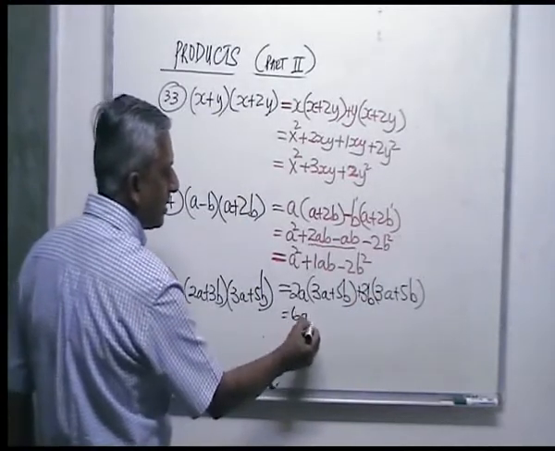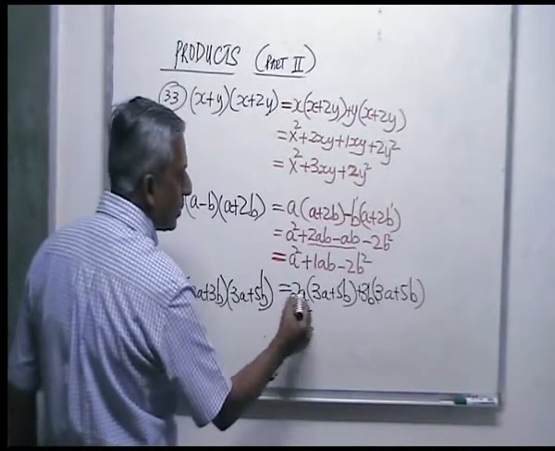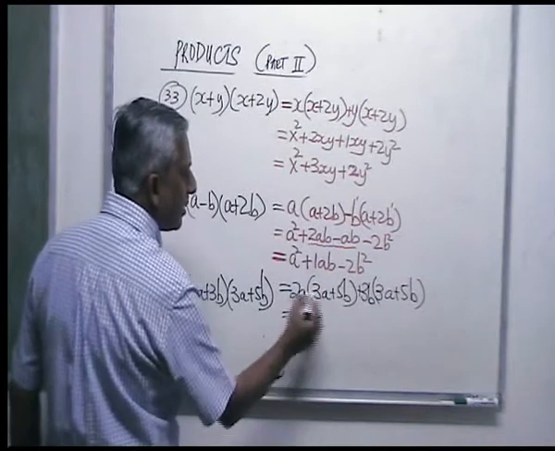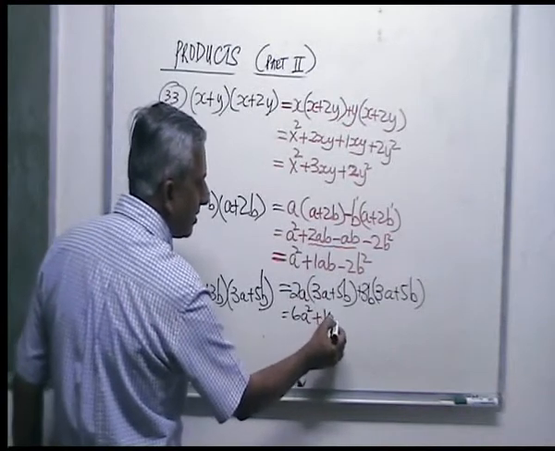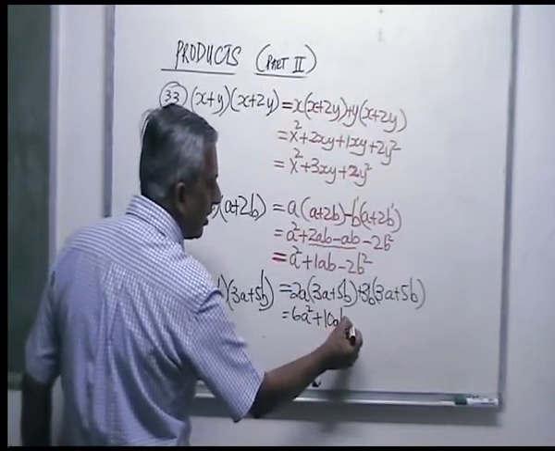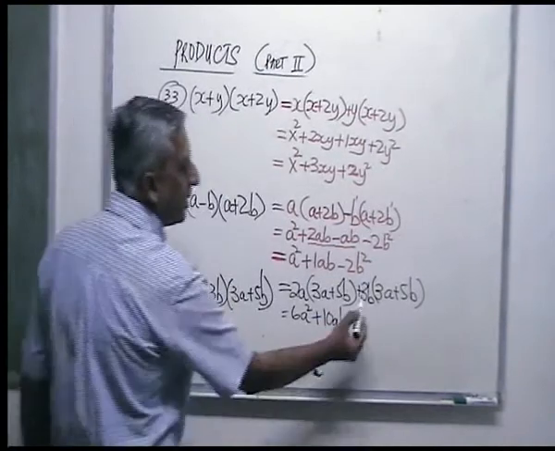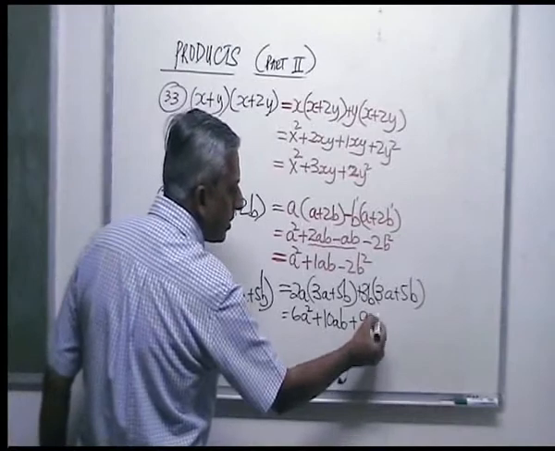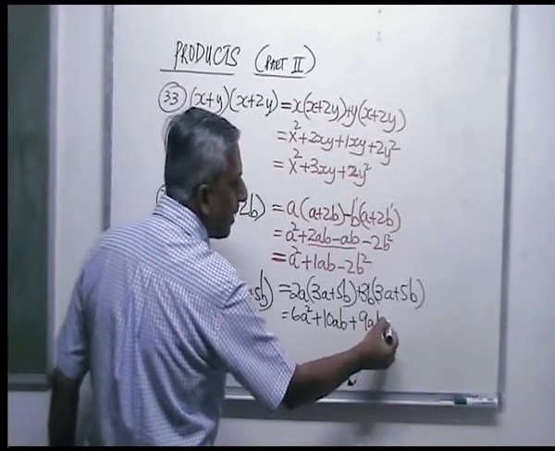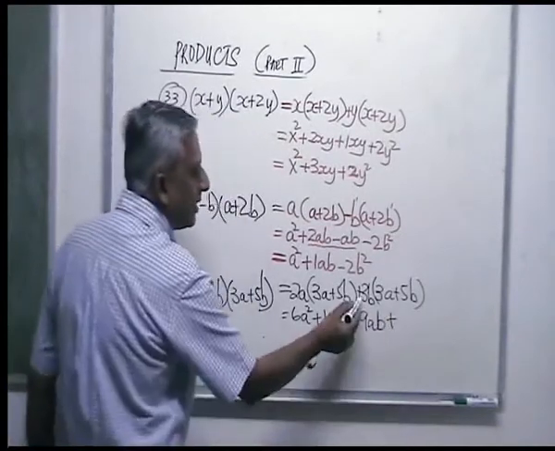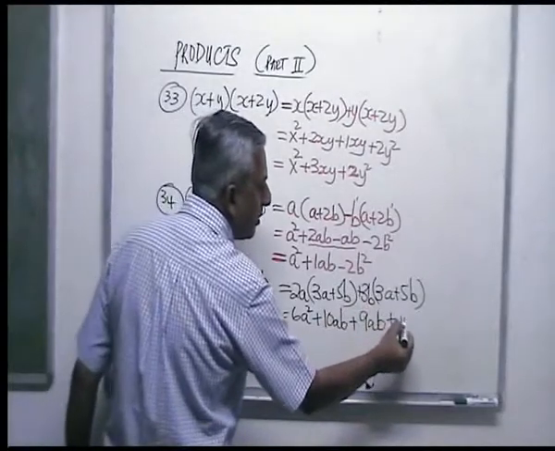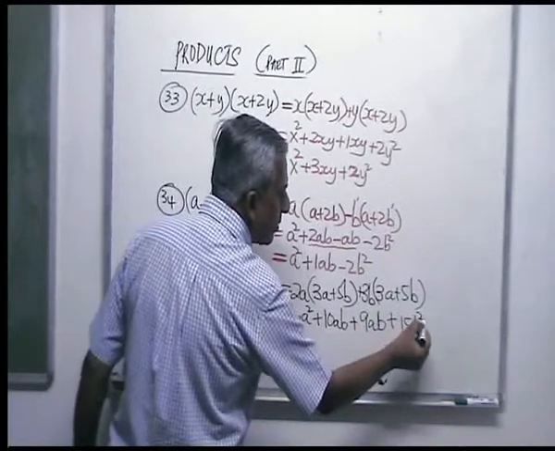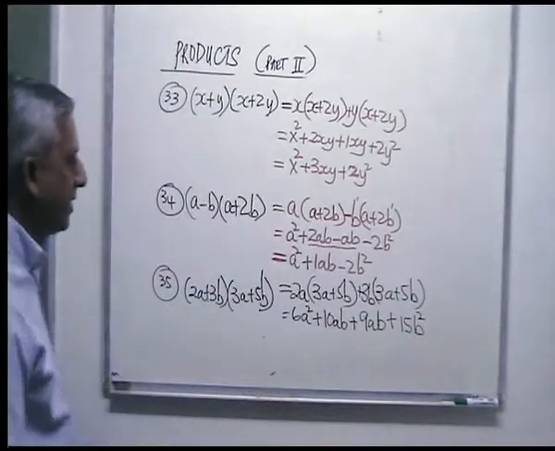That gives you 2 3s, 6a squared, 2 times 5, well, plus times plus is plus, 10ab, plus 3 times 3 gives you 9, a times b gives you ab, plus 3 times 5 gives you 15, b times b gives you b squared.